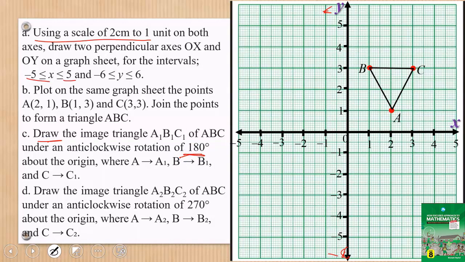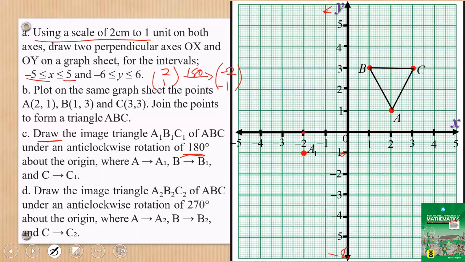And so if you use the A original, which is 2, 1, and you rotate it 180 degrees, we said earlier on that it is going to give us 2, 1 the same way, but negated. And so we plot our point -2, -1, and they'll meet somewhere here. So that becomes our image A prime.